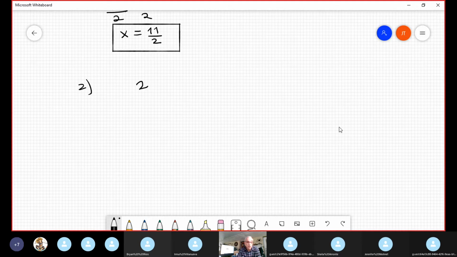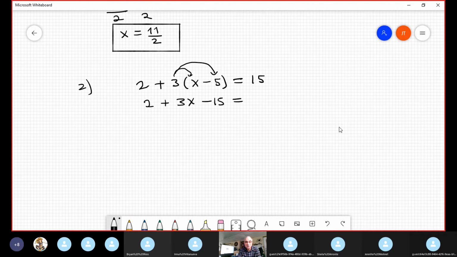Okay, number 2. Number 2 is 2 plus 3 parentheses x minus 5 equals 15. Again, distributive property. Allow me to eliminate the parentheses: 3x minus 15 equals 15.